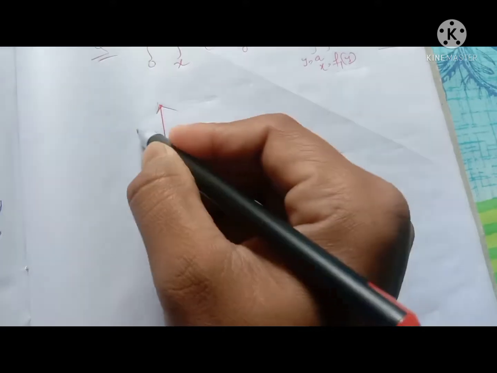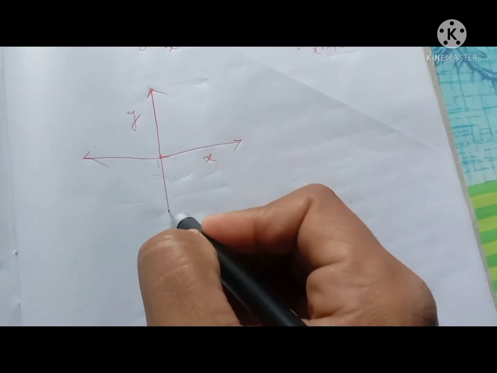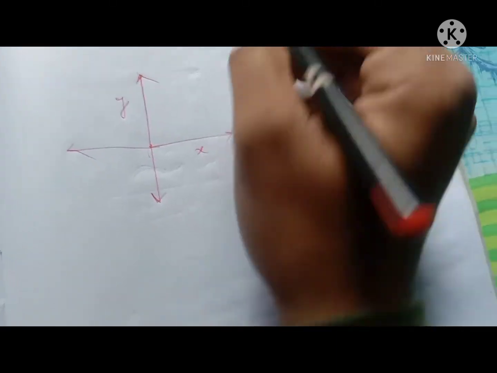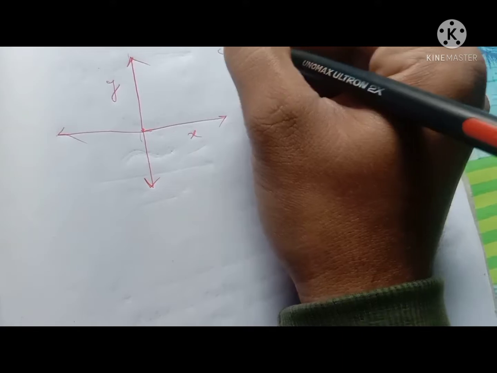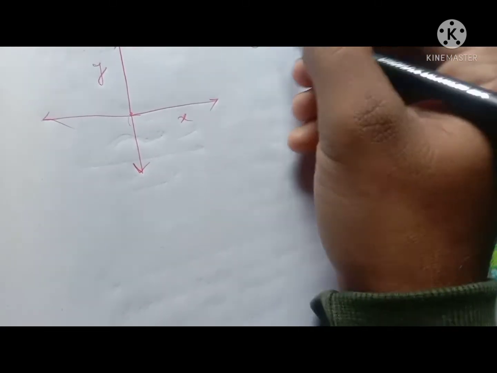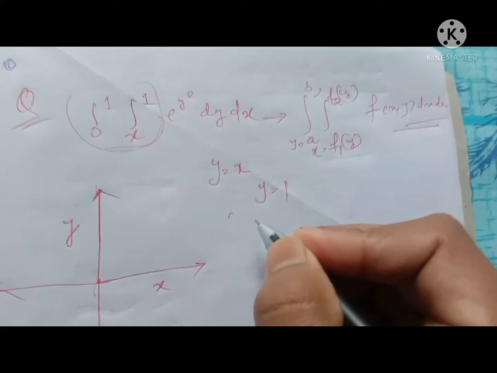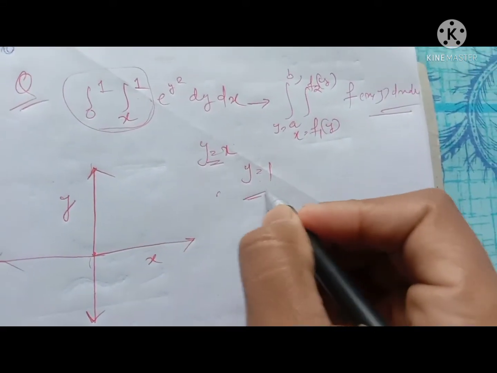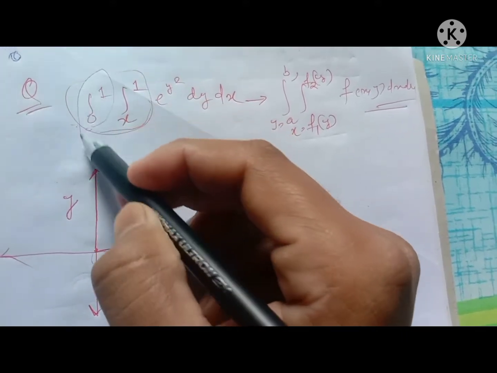Here is your x-axis and here is your y-axis. So these are your limits. First we draw the graphs y equal to x and y equal to 1, and this limit is constant.